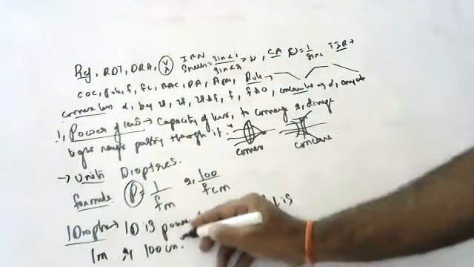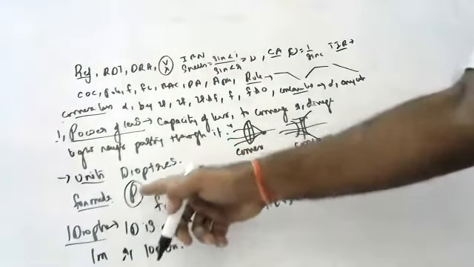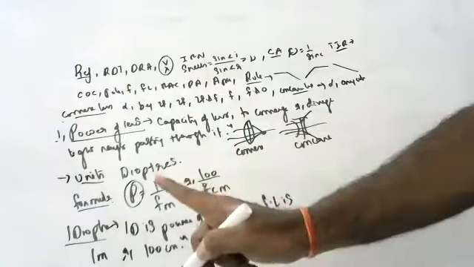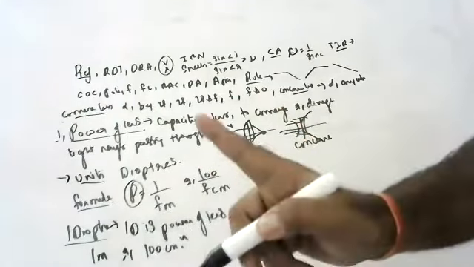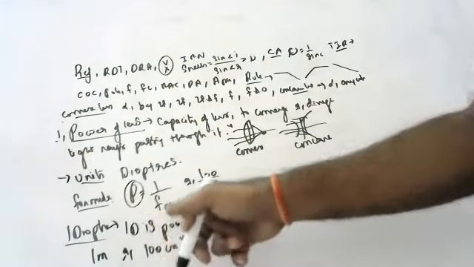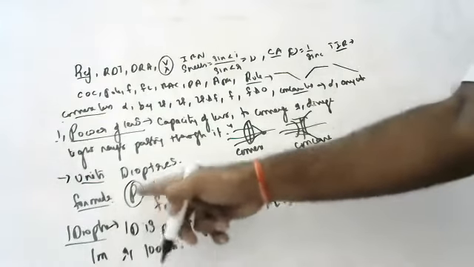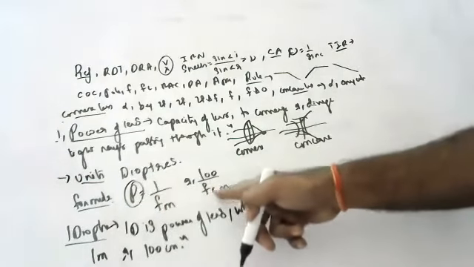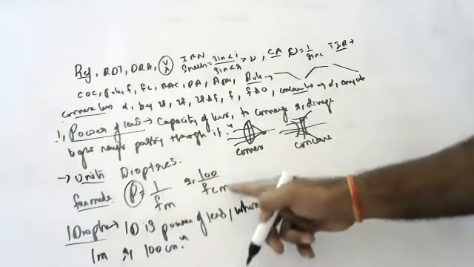Try to understand, children. 1 by 1 is 1, 100 by 100 is 1. If you want to get 1 diopter, this should be 1, 1 by 1 is 1; or 100 by 100, which is also 1. So what is 1 diopter? 1 diopter is power of lens whose focal length is 1 meter or 100 centimeters.